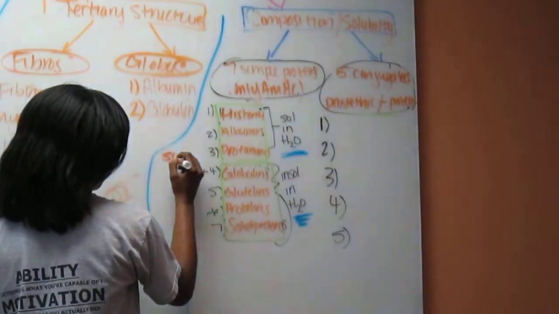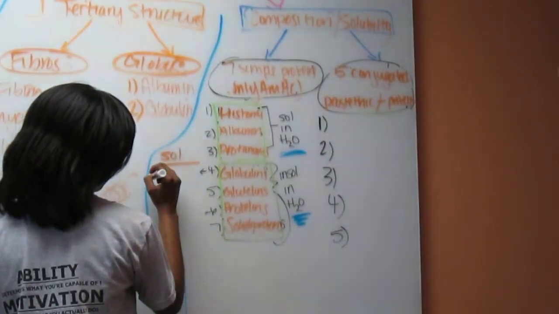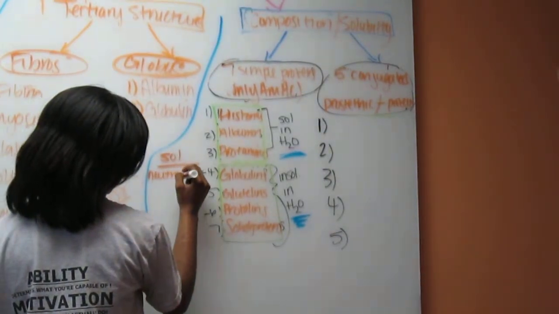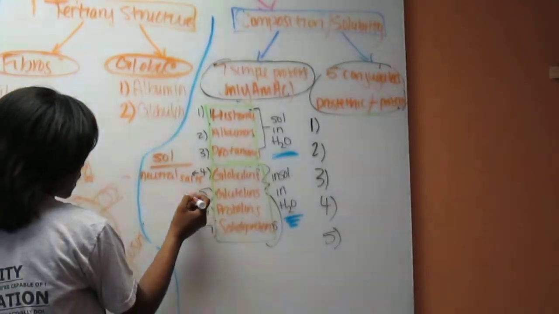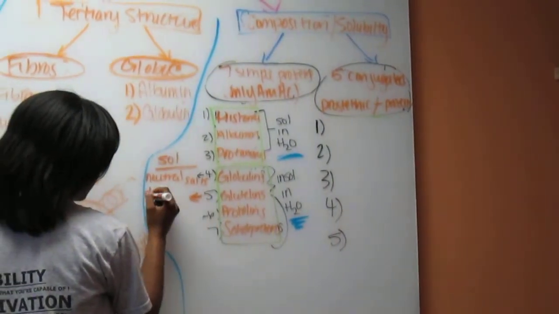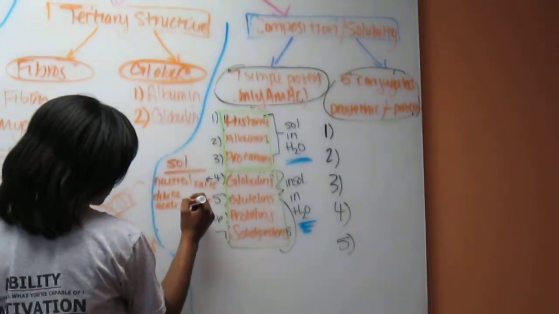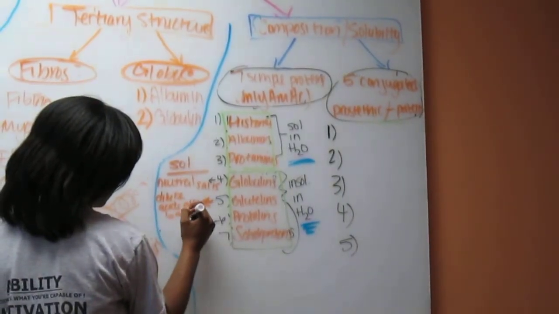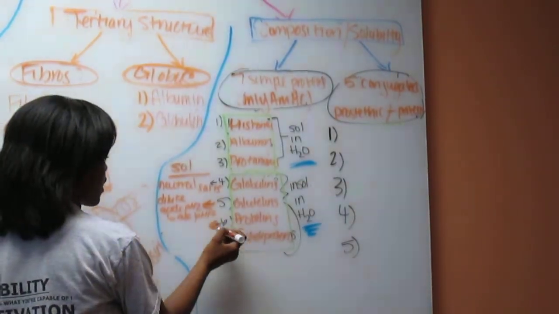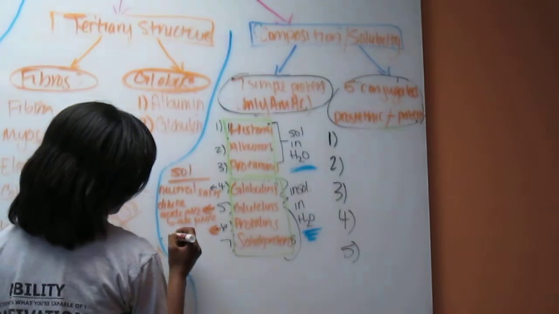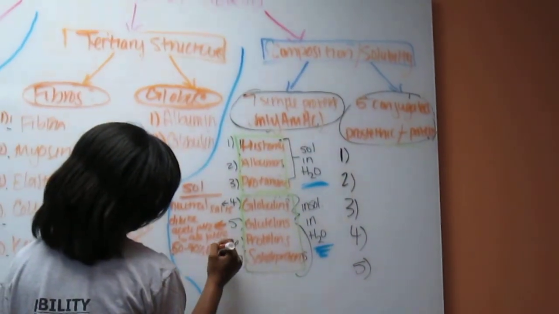Globulins are soluble in neutral salts. Glutelins are soluble in dilute acids with a pH of 2 or base with a pH of 12. And prolamins are soluble in 50 to 90% ethanol.